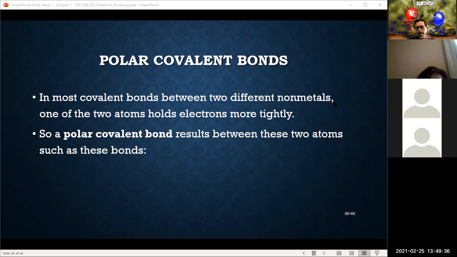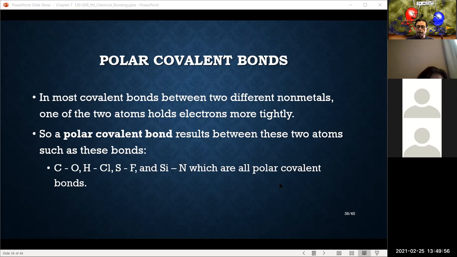So in most covalent bonds between different nonmetals, one of the two atoms will always hold the electrons more tightly because it has a higher electronegativity, resulting in a polar bond. That's what they're saying here.